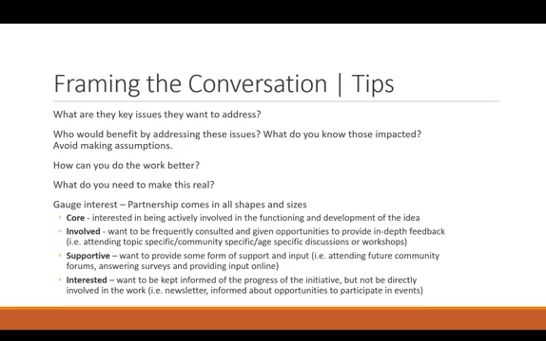The other aspect to consider, and you may see this even in yourself, is that people have what I call a partnership journey. Sometimes they're willing to be involved, but other times they're just interested. And so being aware of the different levels of interest and being open about them can be really helpful.